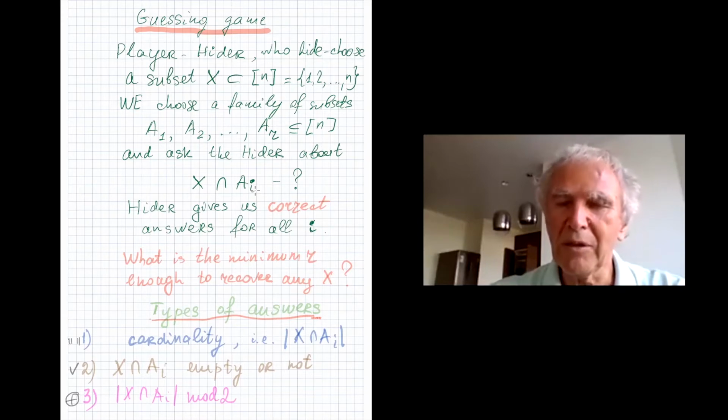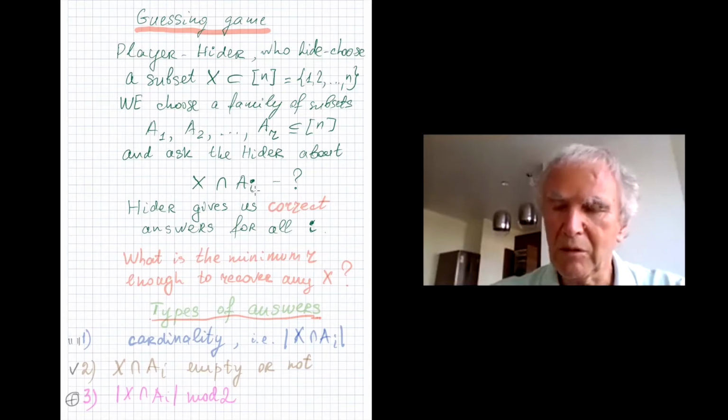We ask the hider questions of the form: what is the intersection of this unknown set X with my set A_i? And the hider gives us correct answers for all i, and this is a very important assumption. At the end of the talk, I will return to this.